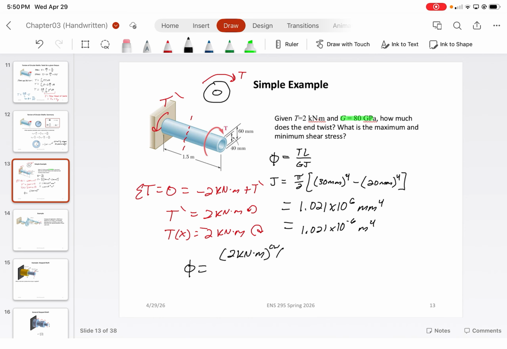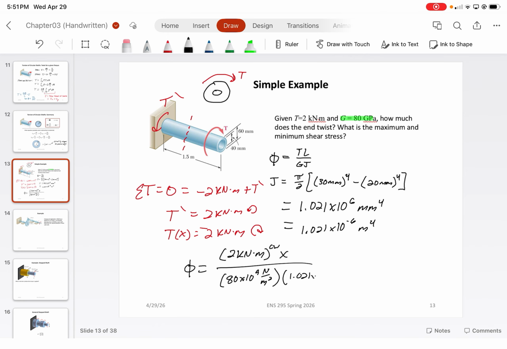All right, so anyways, 2 kilonewton meters. The position L we can call as a position x, all right? That's just the angle of twist at any point, right? Divided by G, which was 80 gigapascals, or 80 times 10 to the 9 newtons per meter squared.